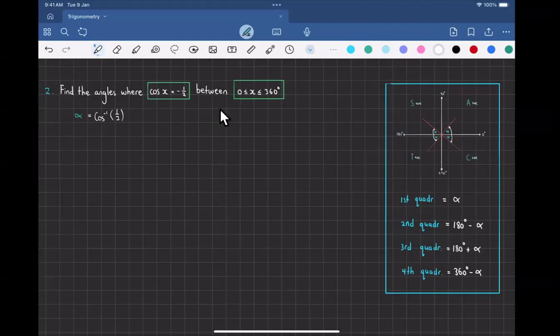Okay, so cosine you said is negative. So where would that exist? Which quadrants would cosine be in? Where is cosine negative? In which quadrants? Tell me in the chat.